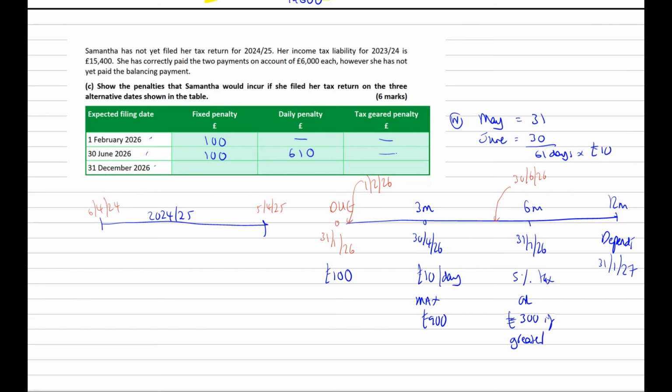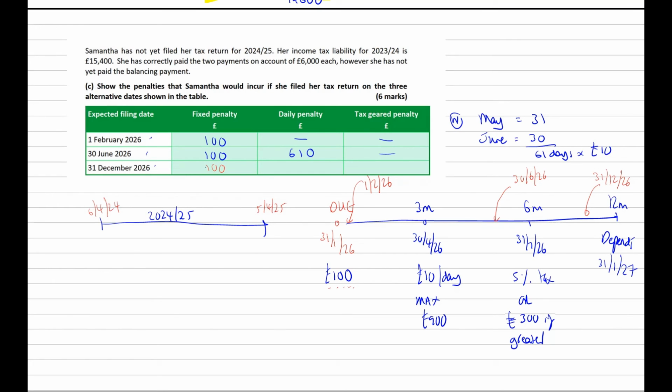The third option is that she only files in December of 2026. That takes me past July and pops me into here somewhere. December of 26. So the purpose of the timeline is to help me see where I am. Which penalties have I triggered? So I've triggered the £100 because I didn't file on the 31st of January.